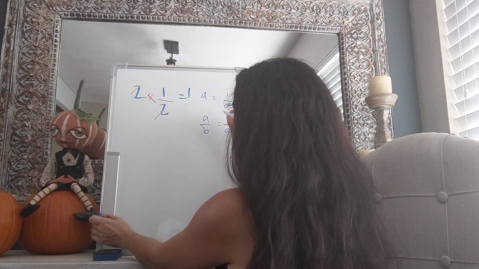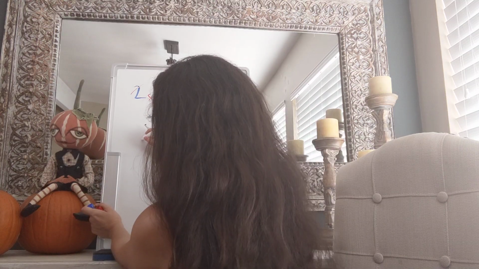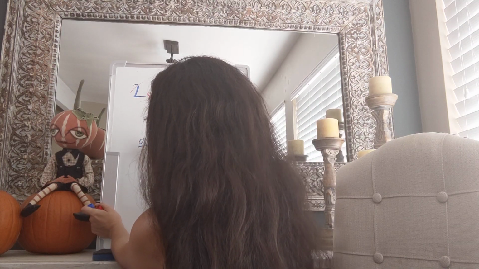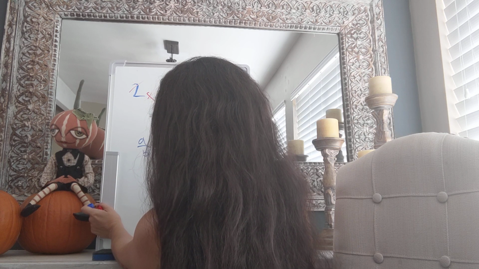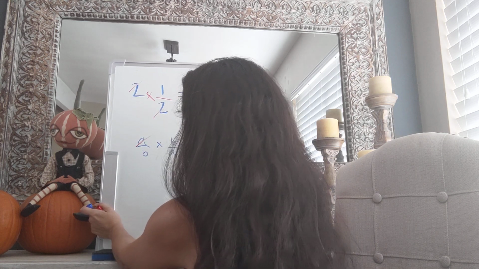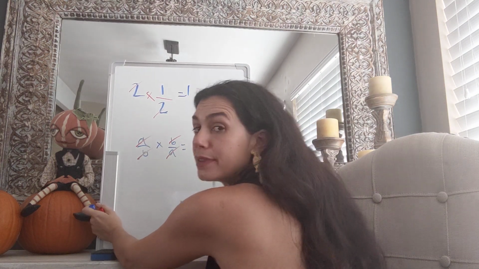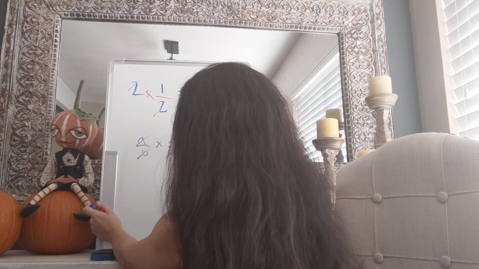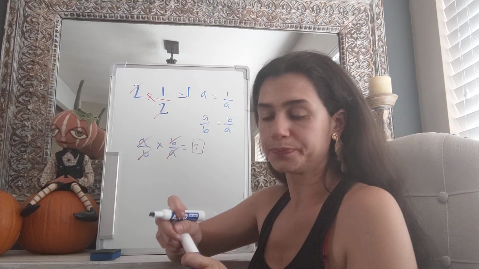If I multiply, I just start canceling, and then it's gonna be 1. So if I have A over B times B over A, A is gone, B is gone. That's not 0, that's 1. Remember, we're simplifying, okay? So then that's the reciprocal.